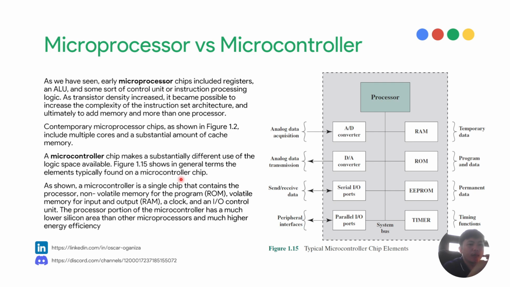As shown, a microcontroller is a single chip that contains the processor, non-volatile memory for the program, or ROM na tinatawag, volatile memory for input and output, yung RAM tinatawag, random access memory, a clock, and an I/O control unit. The processor portion of the microcontroller has much lower silicon area than other microprocessors and much higher energy efficiency.